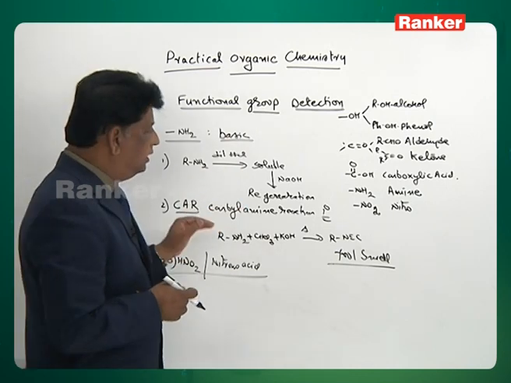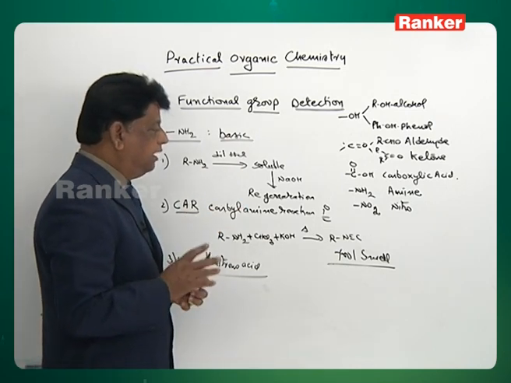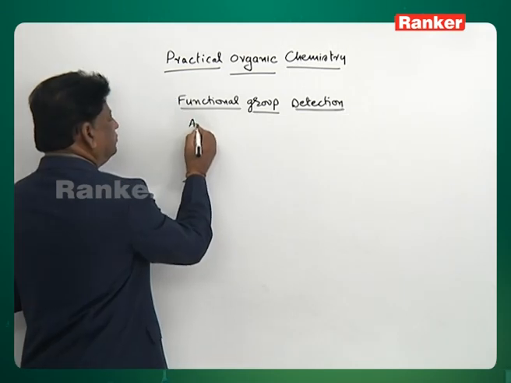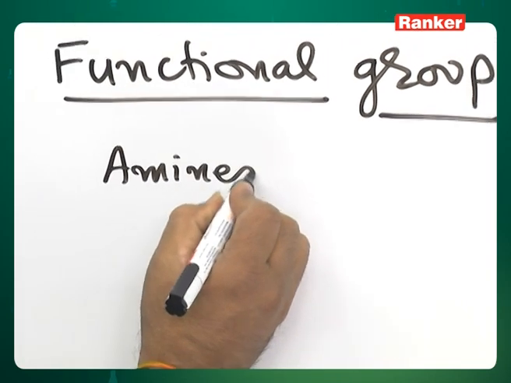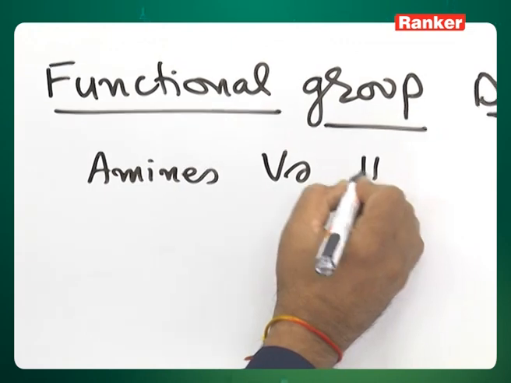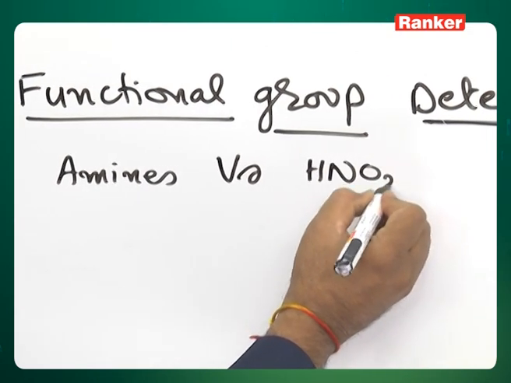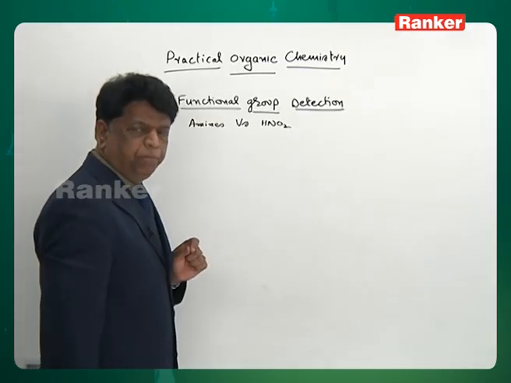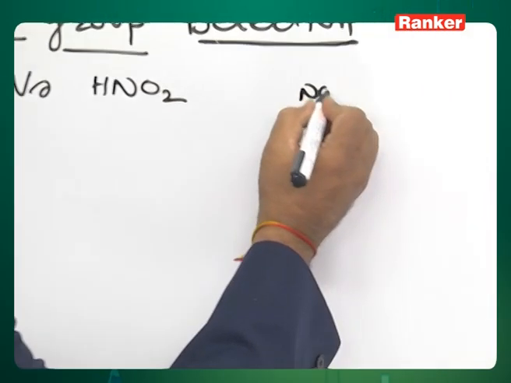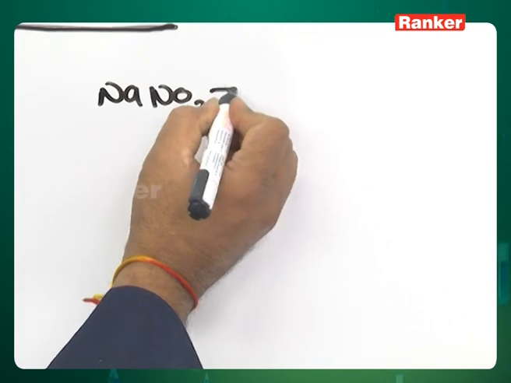Let us see the detailed test of amines with nitrous acid, HNO2. HNO2 is an unstable acid which is immediately prepared by taking NaNO2 and HCl.